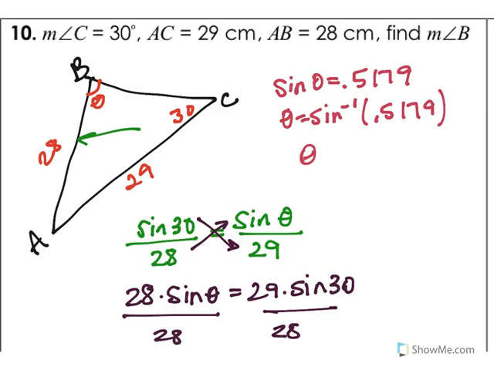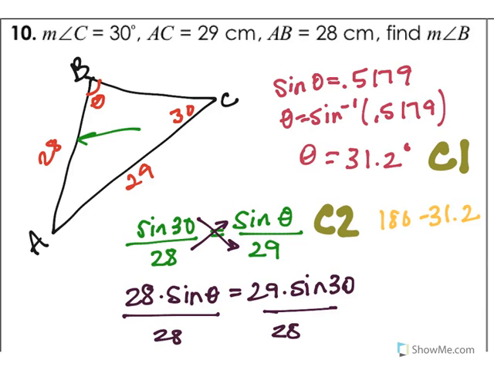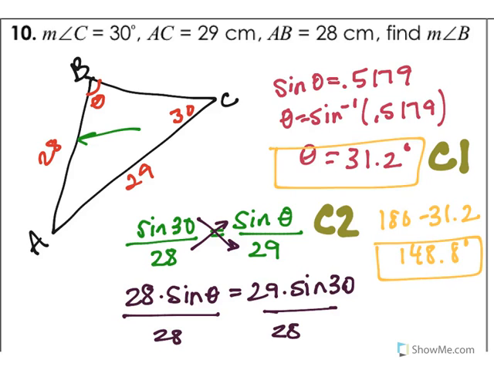So then theta is equal to 31.2 degrees, which is our case 1. So case 2 is going to be 180 minus 31.2, which gives us 148.8 degrees. So that means I only have one obtuse angle, so both of these will qualify as answers. Okay? So now let's go to our last one.